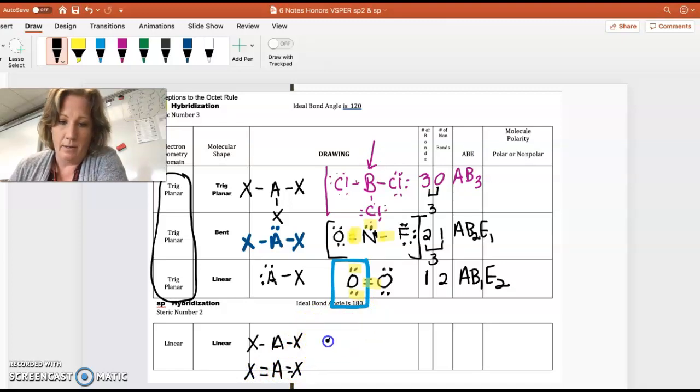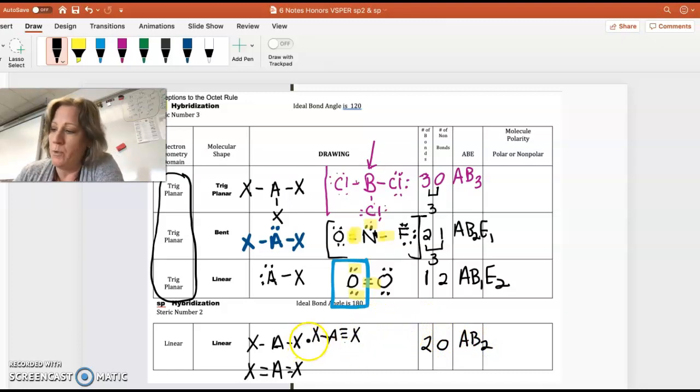It could be A with a single and even a triple. Again, 2 bonding areas, no lone pairs. So we're going to say 2 bonds, 0 lone pairs. So it's going to be AB2.